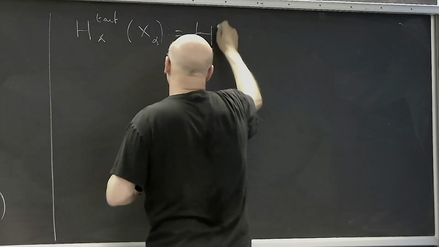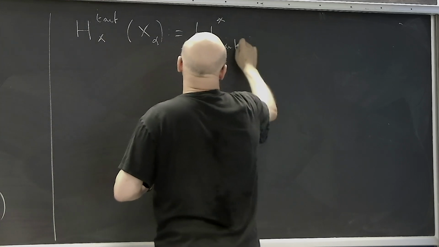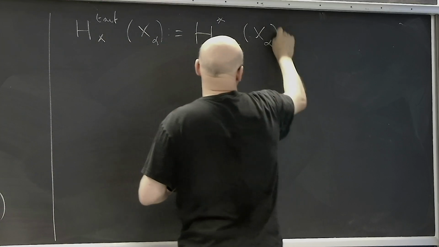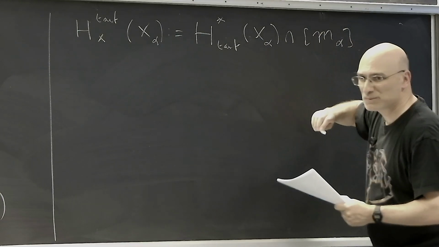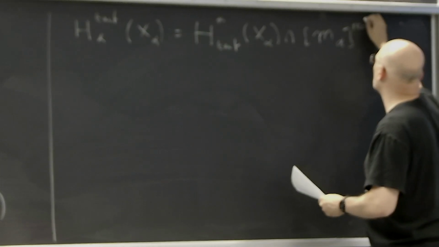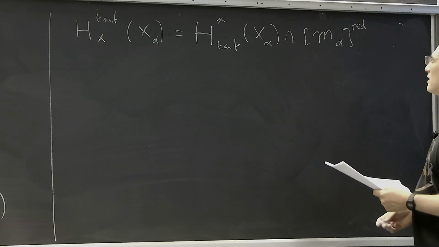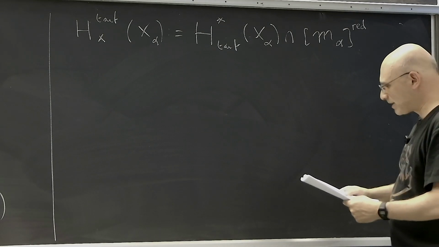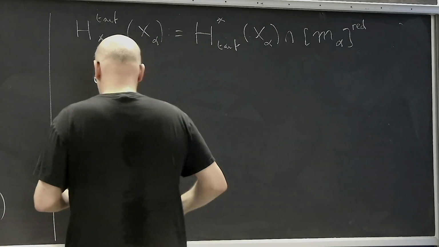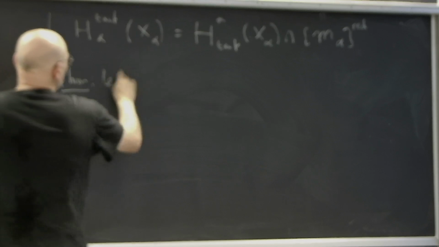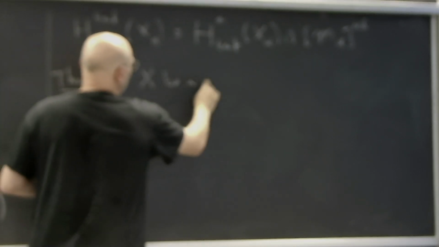It's what I obtain from the tautological cohomology by capping with the fundamental class, and again maybe we take this reduced virtual fundamental class. So now the theorem is the following. Let X be a Hecke pattern.